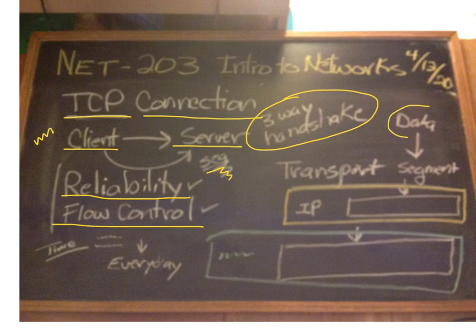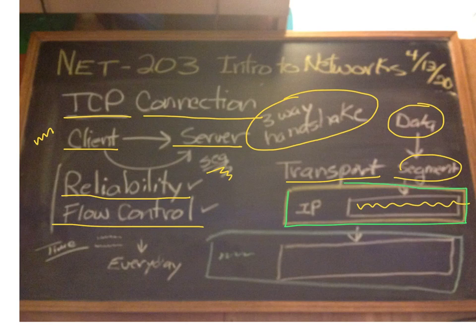So you think about it, we have the data. The transport layer is how the data is going to be transported. Create a segment. So that segment goes down here, and then we add an IP address to that. Create a packet. So it's encapsulation.